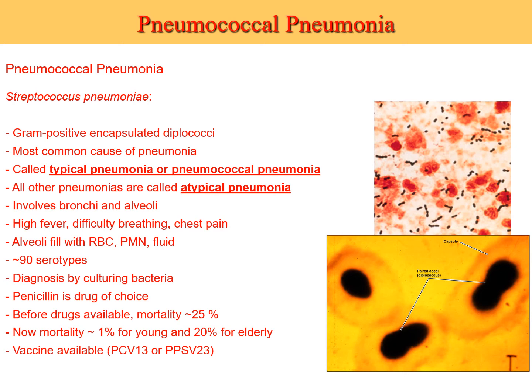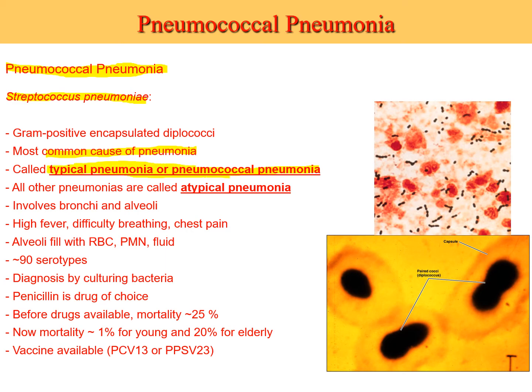The first one we'll talk about is pneumonia caused by Streptococcus pneumoniae, also known as pneumococcal pneumonia. It's the most common cause of pneumonia and is often called pneumococcal pneumonia, but also typical pneumonia.